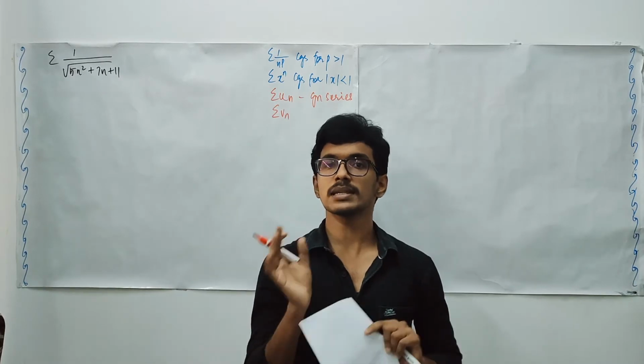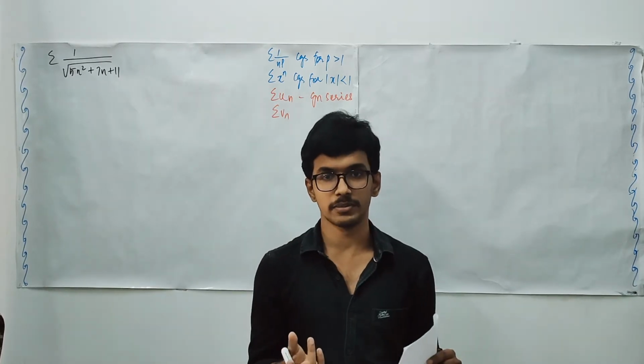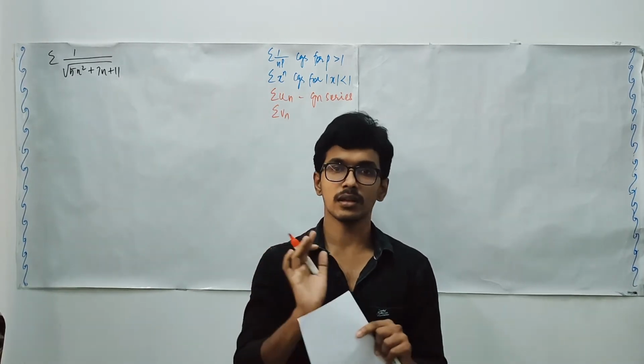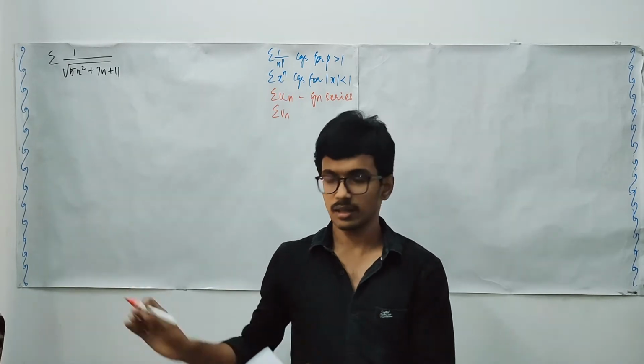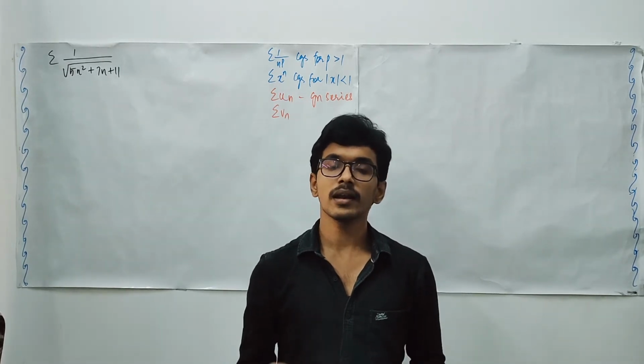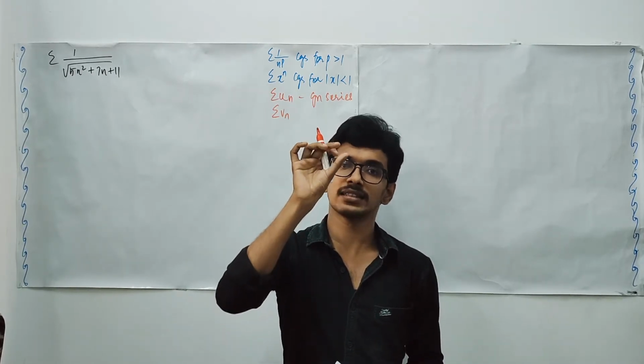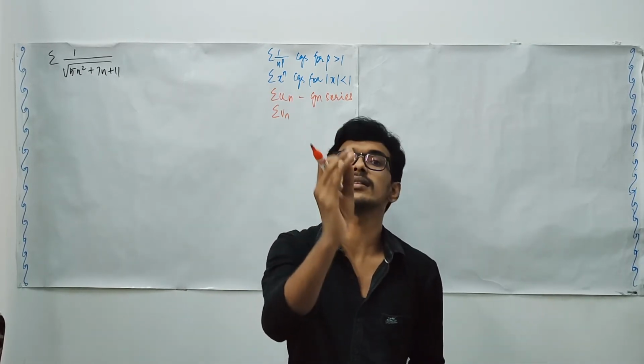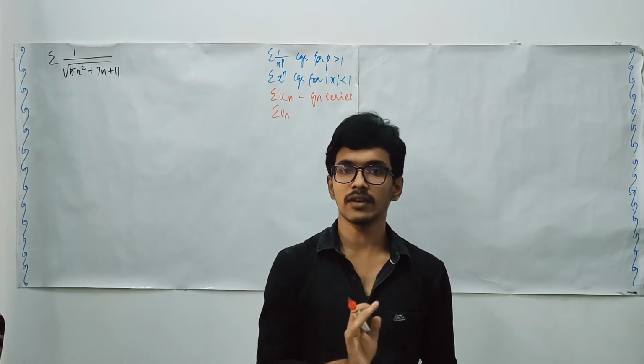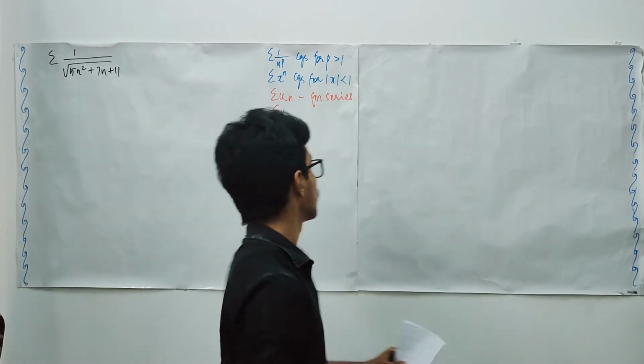Sometimes a series may be defined in two different forms as well. That also we will see in this lecture itself, right? So the fixing of that stage will be important in certain cases. That I will explain while working out that problem.